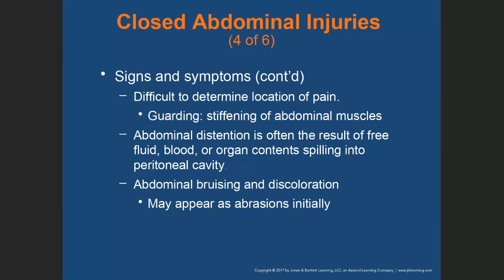Abdominal distension is often the result of free fluid or organ content spilling into the peritoneal cavity. Abdominal bruising and discoloration may be present, and may appear as an abrasion initially.